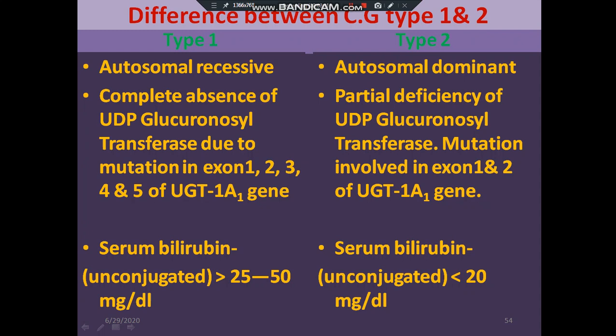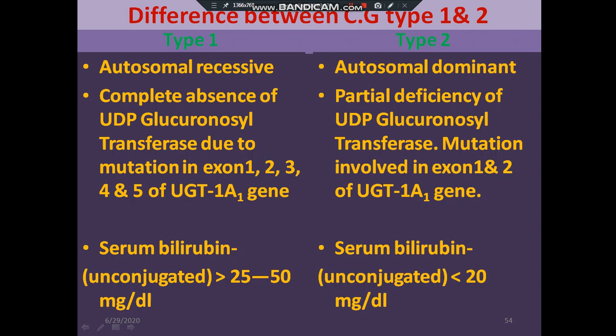In type 1, there is complete absence of UDP glucuronide transferase due to mutation in exon 1, 2, 3, 4, 5 of the UDP glucuronide transferase gene 1. And in type 2, there is partial deficiency of UDP glucuronide transferase. Mutation is mainly in exon 1 and 2 of the UDP glucuronide transferase 1 gene.